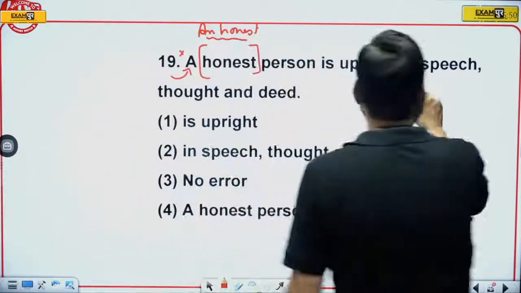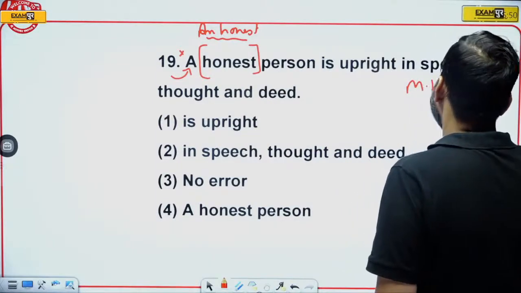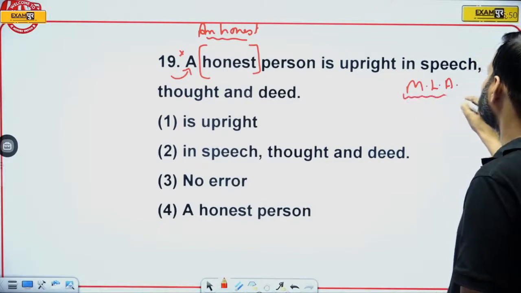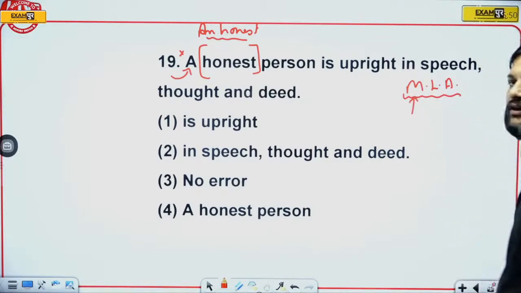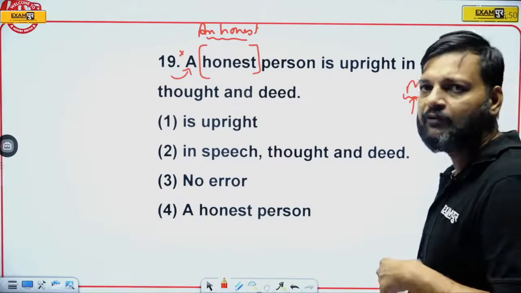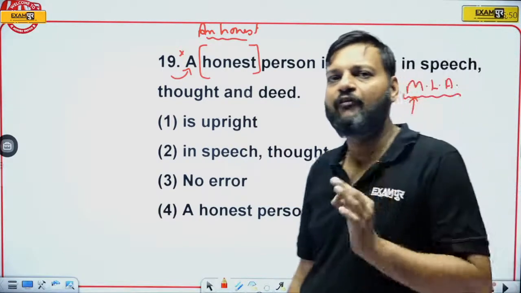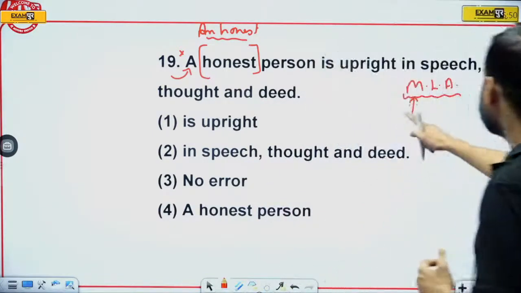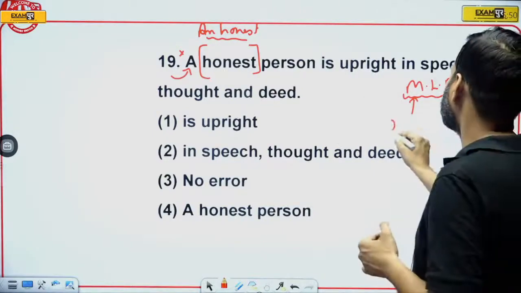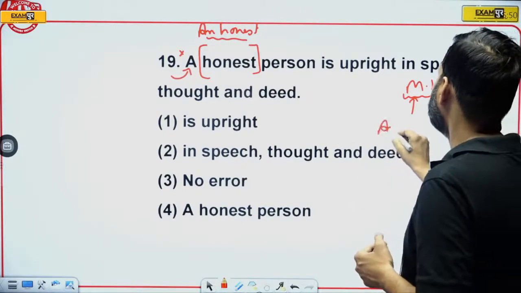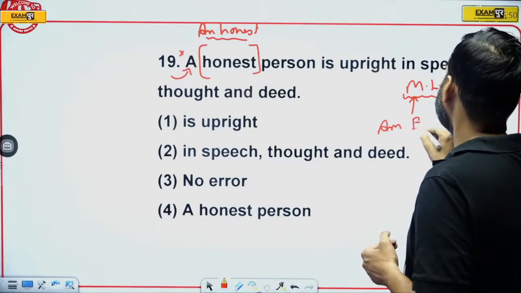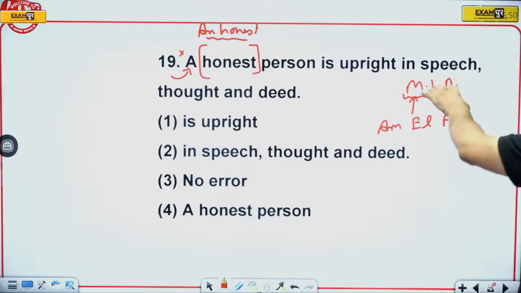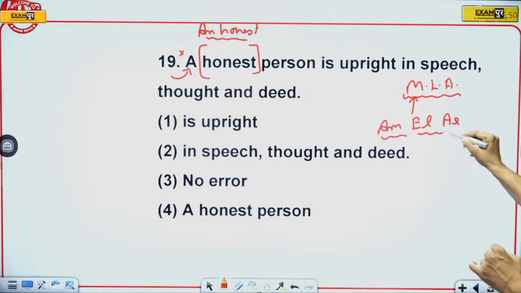For example, if I write MLA, this word starts with a consonant, but if we pronounce it, the first letter of the pronunciation becomes a vowel sound. It is pronounced M-L-A, with the first sound being "eh".